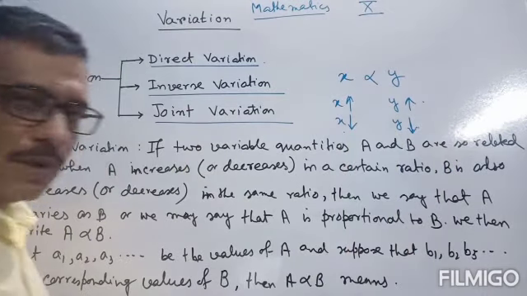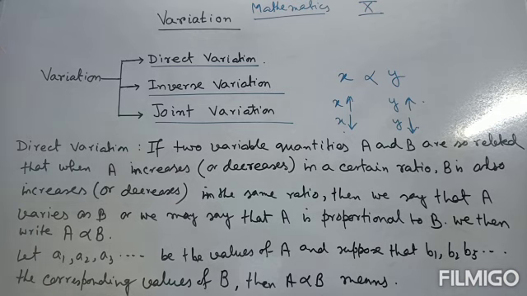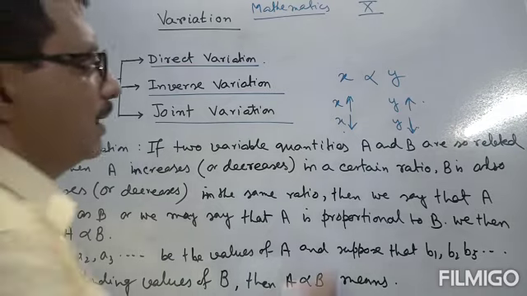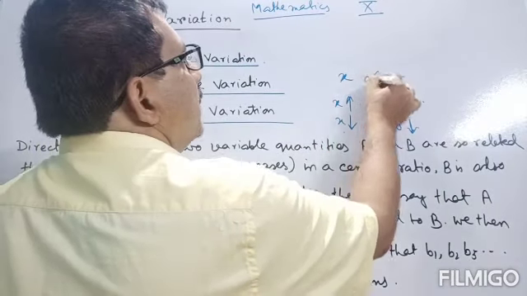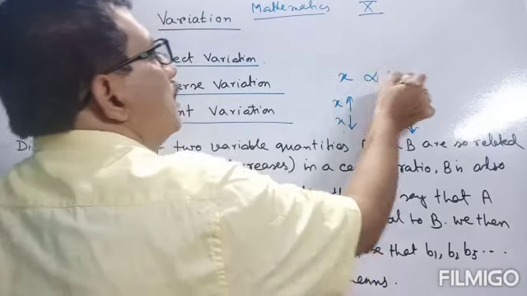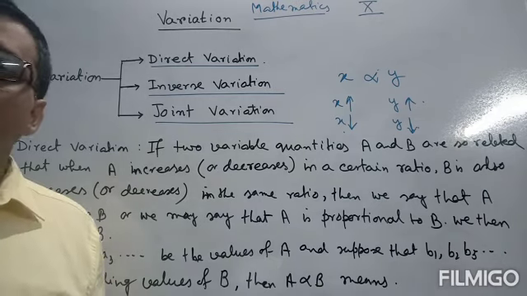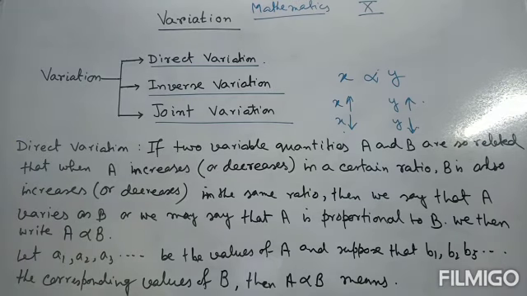Two variables x and y are said to be in direct variation in such a way that x varies as y. This is the notation of variation. That means if x increases, then y also increases, or if x decreases, then y also decreases.